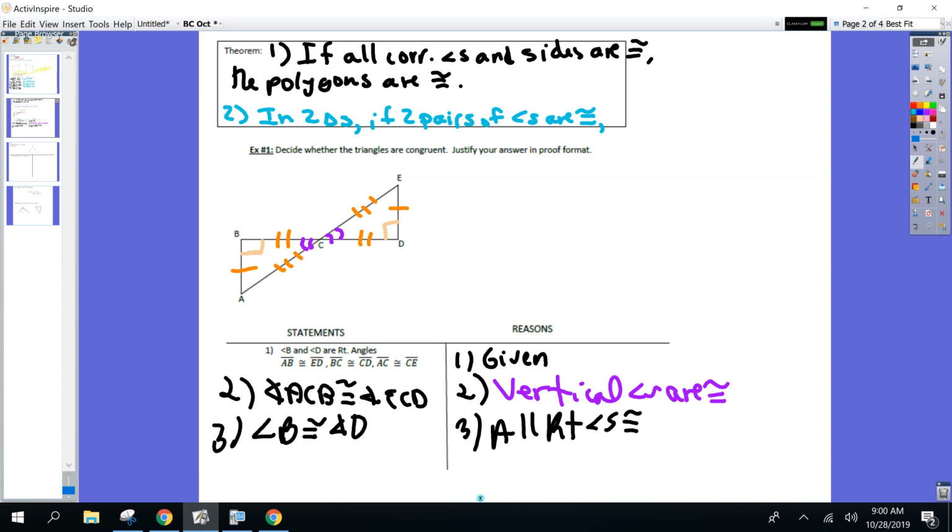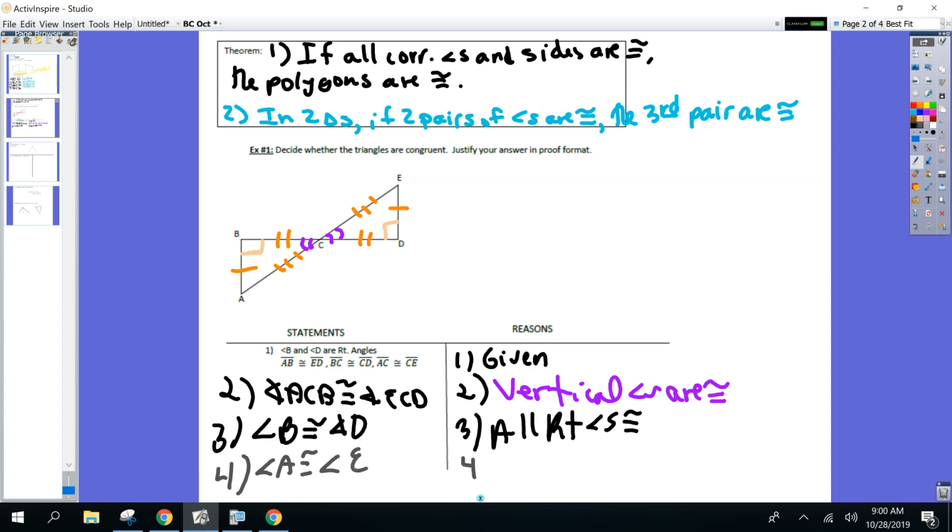The 3rd pair are congruent. So for step 4, that is how we're going to get angle A congruent to angle E.